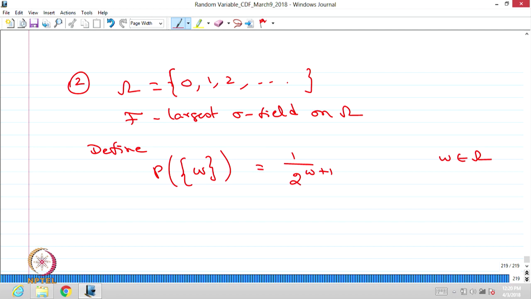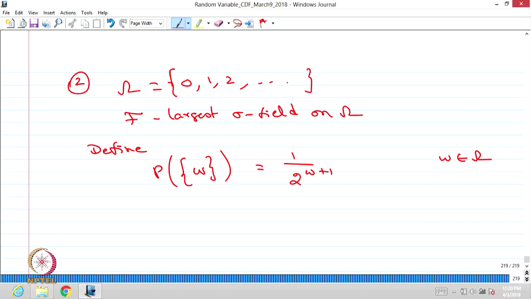Even though the set function is defined from F to [0, 1], I am defining it for each singleton element in the omega. Therefore, any element in F is nothing but a subset of omega, that is a union of a few elements of the omega, that is going to be an element of F. Therefore, the same set function can be defined for P of A, where A is a subset in F. So this is going to be 1 divided by 2 power w plus 1.